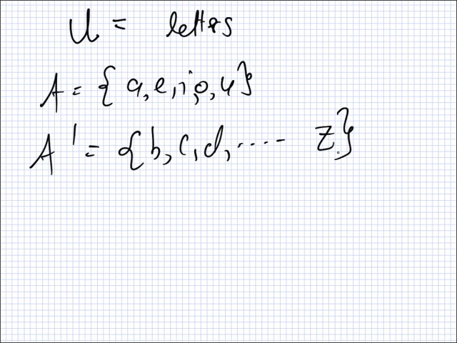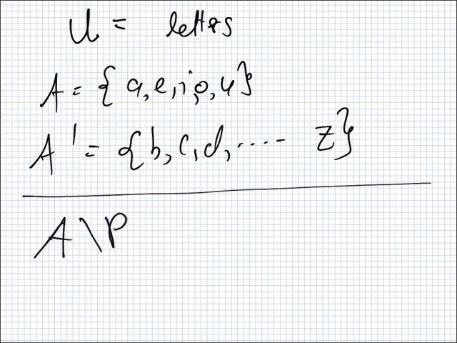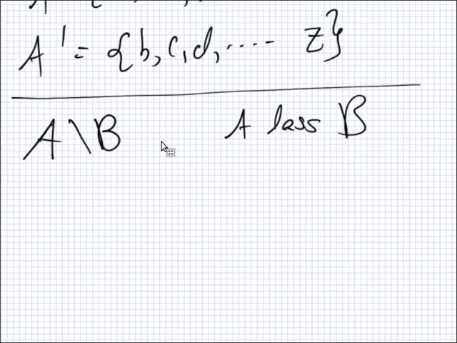So, two more symbols to do. So A\B. Do we know what this one is? I think you can pronounce it as A less B, if that helps. Okay, you don't know this.